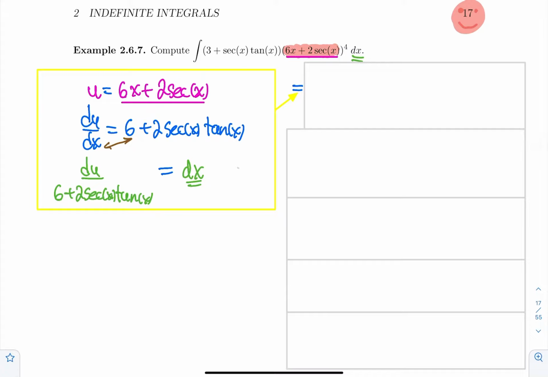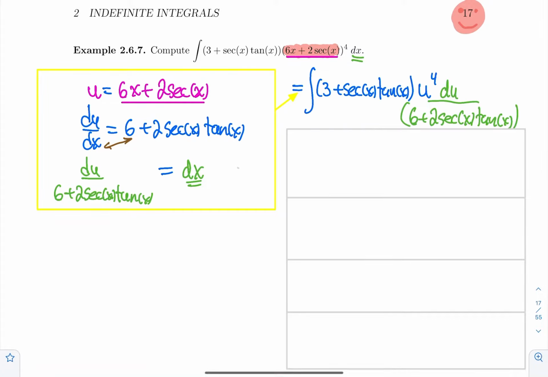So we have a formula for dx that we computed ourselves, and we know that 6x + 2 sec x is going to be replaced by u. So our integral now becomes what? The integral of 3 + sec x tan x, that part does not change.